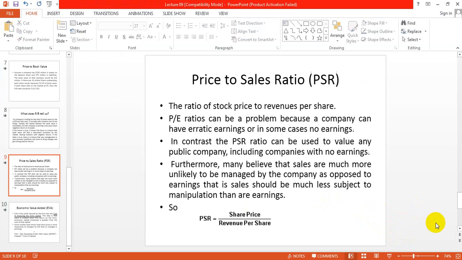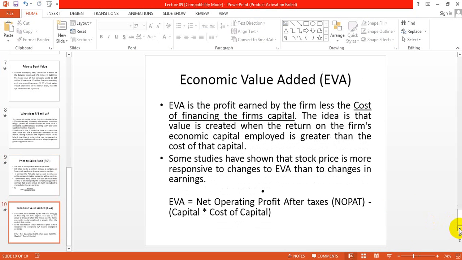Now the last topic of this chapter is economic value added. EVA, economic value added, is the profit earned by the firm less the cost of financing the firm's capital. What?